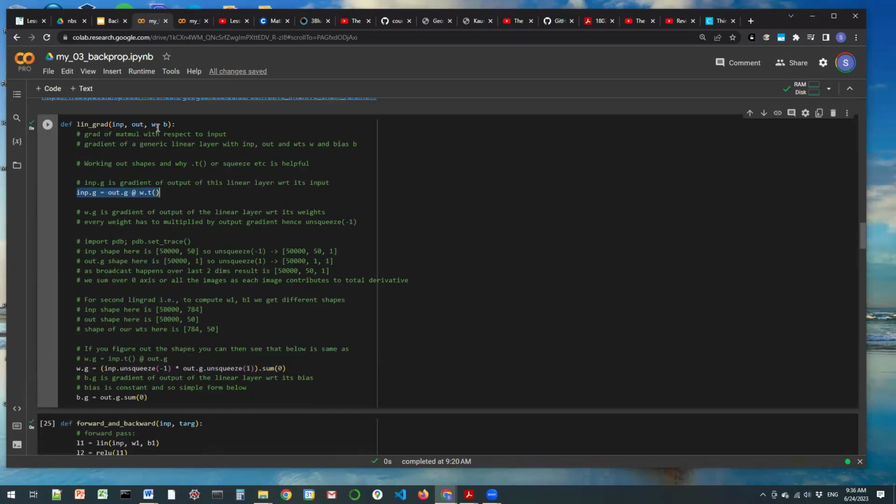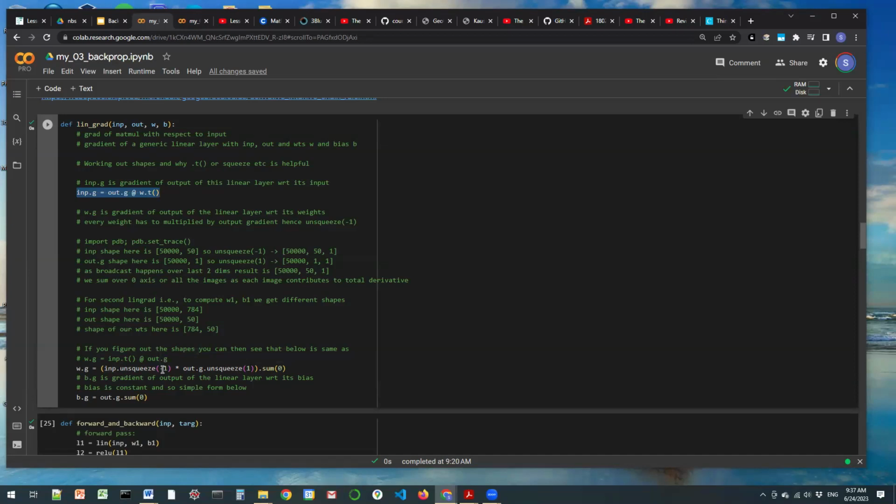Then we also need to calculate W2.g. What W2.g turns out to be, and again you'll need to work through the shapes, is to unsqueeze the input in order to match the shape of out.g, unsqueezing at the first level. So these two shapes match.